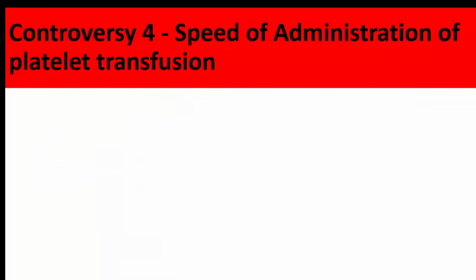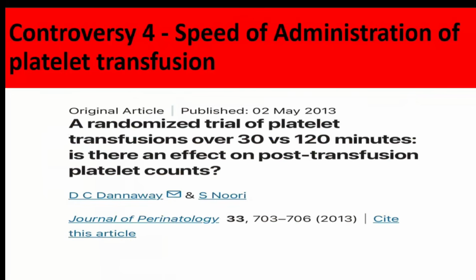Then one more controversy: what should be the speed of administration? हम लोग कैसे चढ़ाते हैं प्लेटलेट? 20 minutes, है ना. जितना जल्दी चढ़ा सको चढ़ा दो, ऐसे कि चढ़ाया अभी और उसका प्लेटलेट नॉर्मल हो जाएगा, ठीक है. What is the problem? So अगर हम किसी preterm बच्चे में bolus नहीं देते हैं, क्यों नहीं देते हैं bolus? Bleed हो जाएगा, है ना.